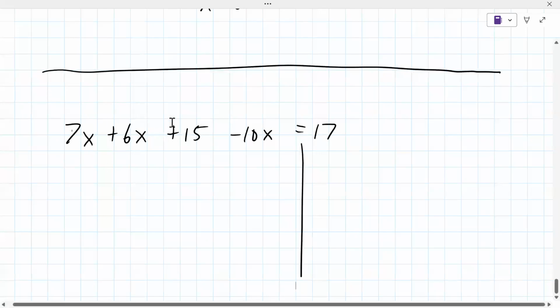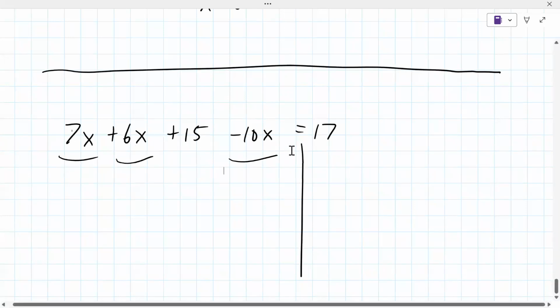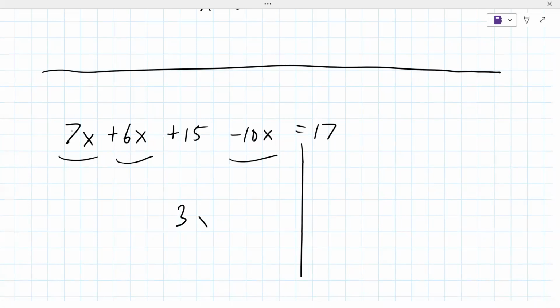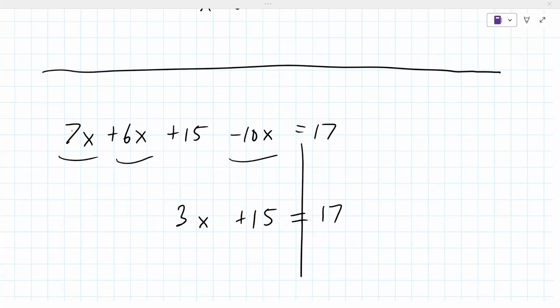What is 7x plus 6x minus 10x? Oh, 13x. Try again. 7 and 6 makes 13. What about this minus 10x? Oh, sorry, 3x. Yeah, so you get 3x plus 15 equals 17. So it doesn't always work out as a perfect number. Could be a fraction. That's okay. Oh, okay, that's why I was kind of confused.